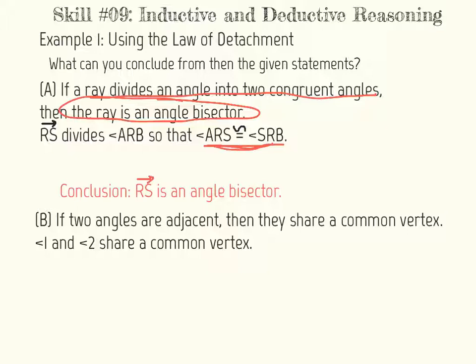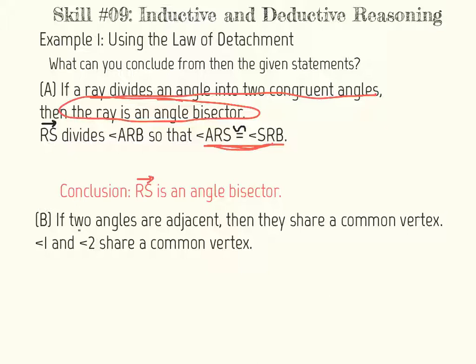For part B, it says if two angles are adjacent, then they share a common vertex. And then we have the second statement, angle 1 and angle 2 share a common vertex. So remember what we're looking for. We're looking for the if part to be true, and then we can assume the then part.